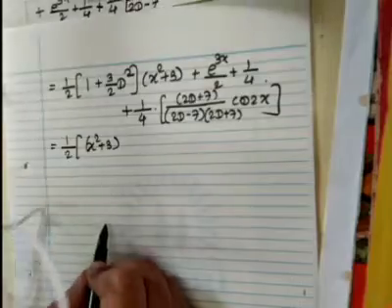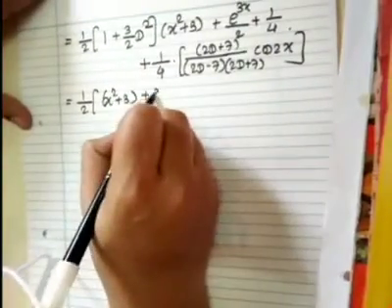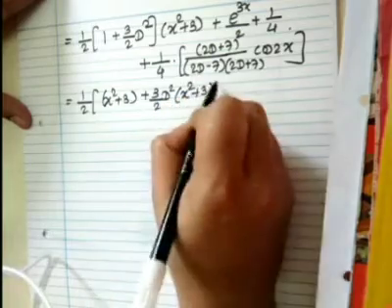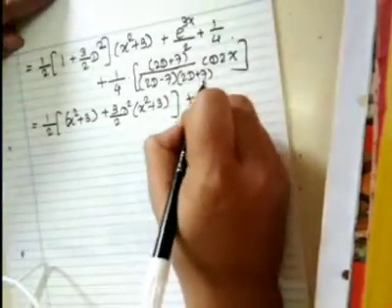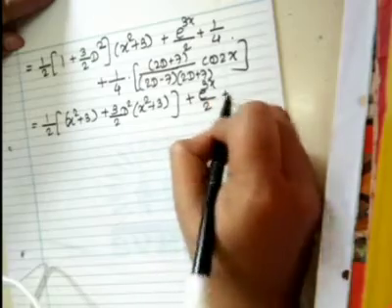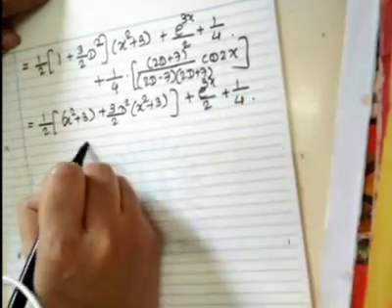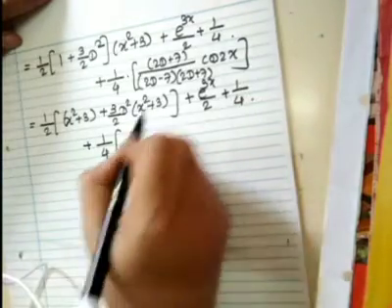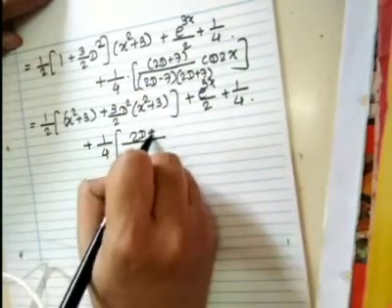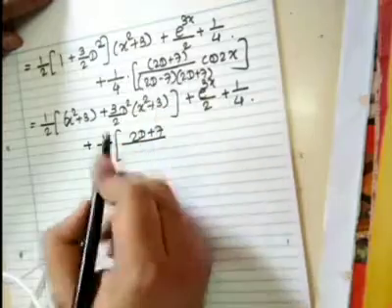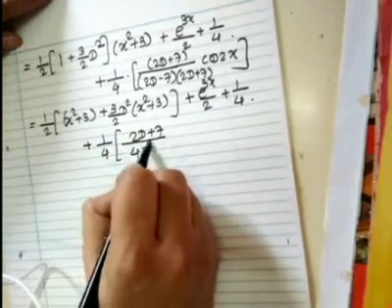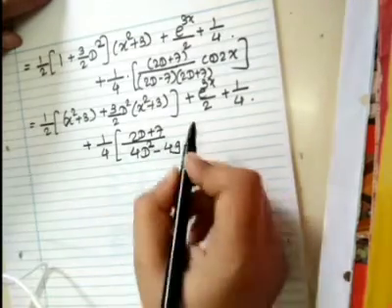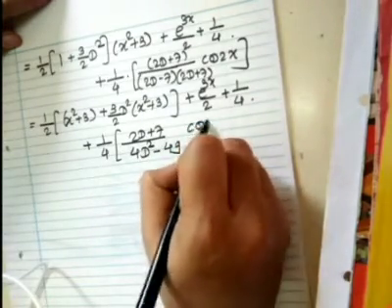Then plus 3 by 2 d square of this x square plus 3 completes, e raised to 3x by 2 plus 1 by 4 plus 1 by 4 into, this is 2d plus 7 upon 2d square, that is 4d square minus 49 into cos 2x.